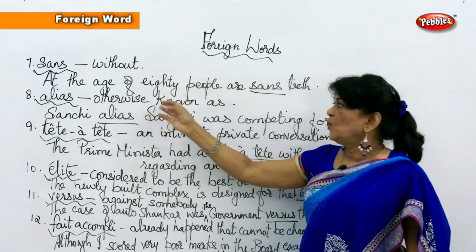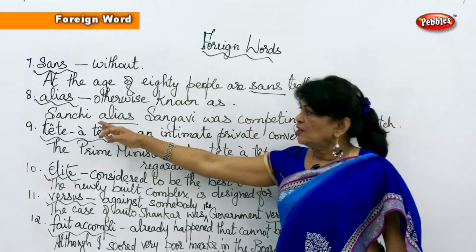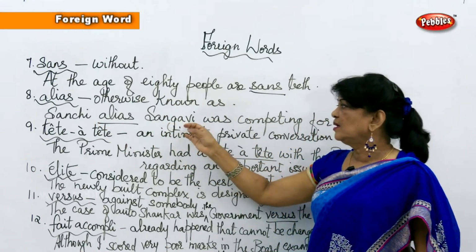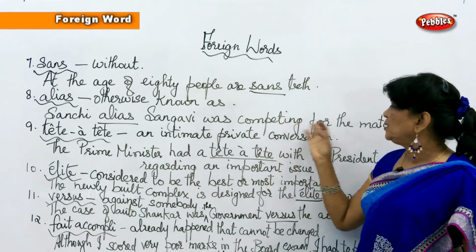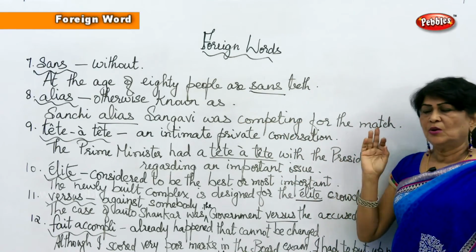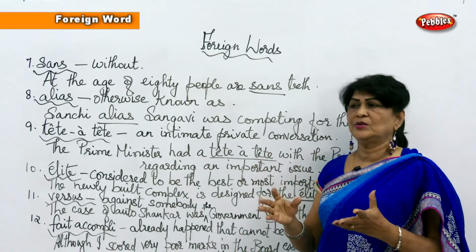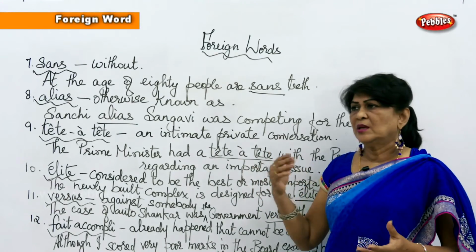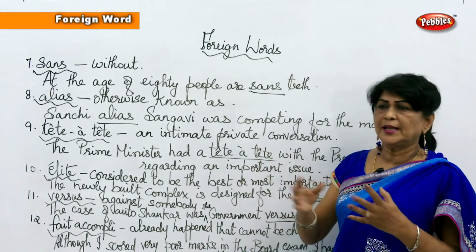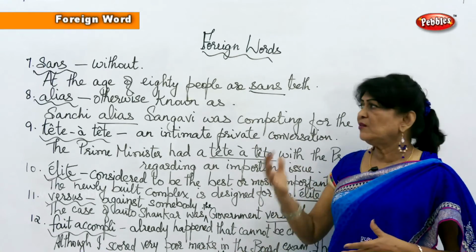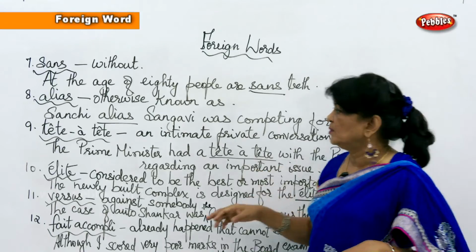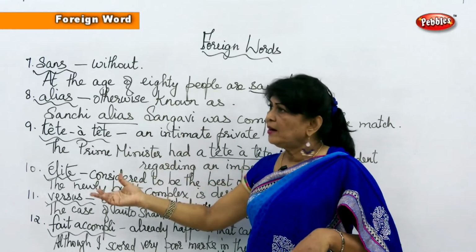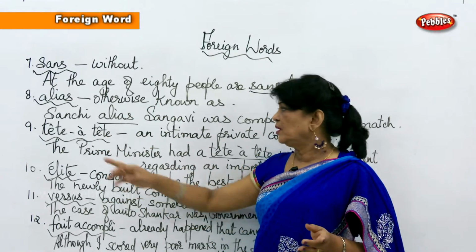Alias, otherwise known as. Sanchi alias Sangavi was competing for the match. Always this alias is used very often, like Mani versus Manoharan or something like that. We always have in wedding invitation cards and all with two names. One may be a pet name, one may be the real name.